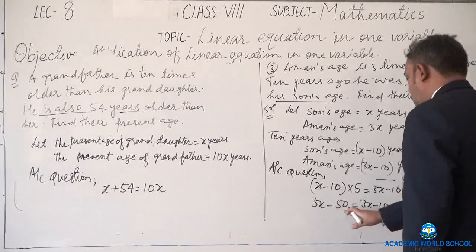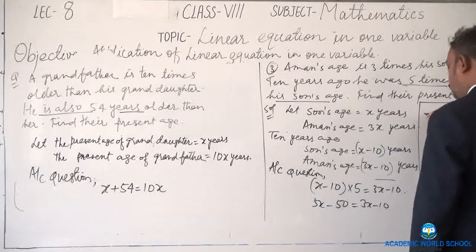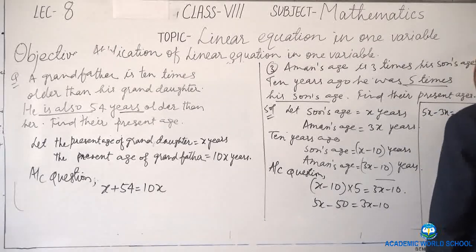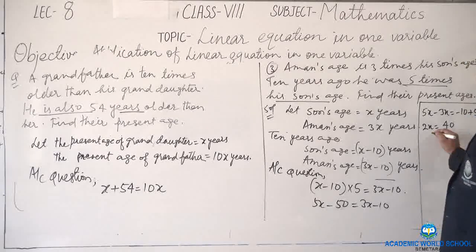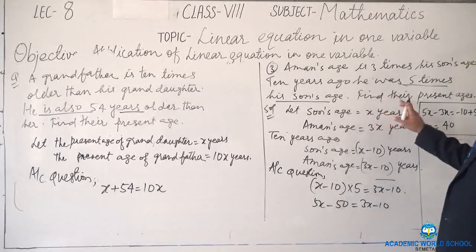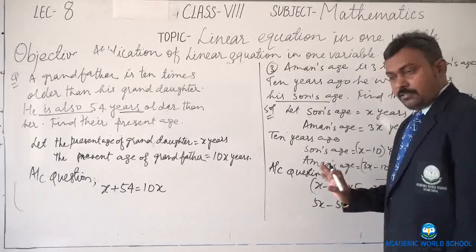Then this minus 50 will come to this side and 3x will go to that side. So 5x minus 3x equal to minus 10 plus 50. 5x minus 3x will be 2x equal to 40. Now hereafter you will solve the equation and you will get the ages of Aman and his son.